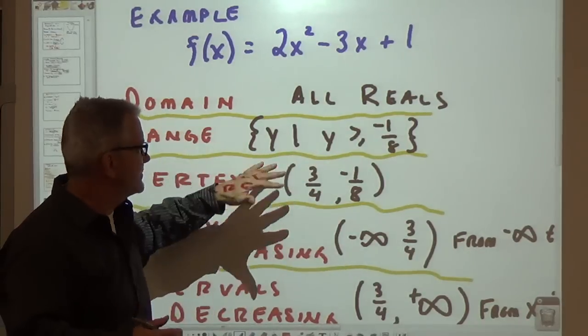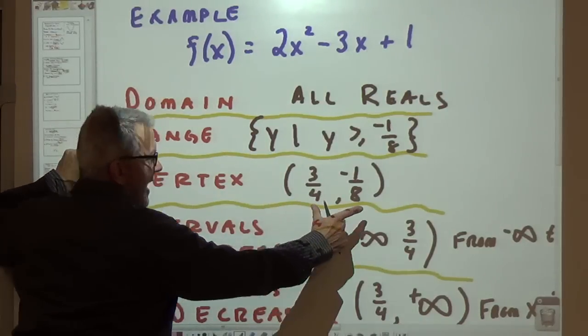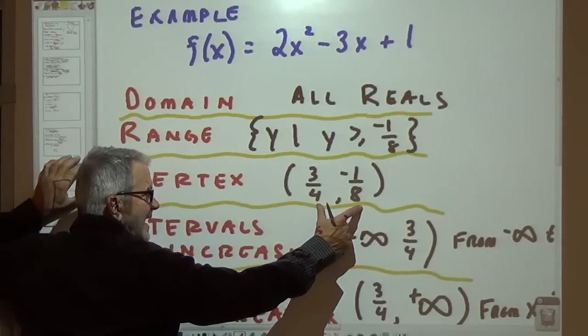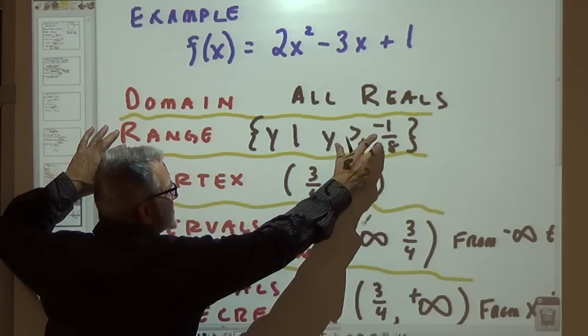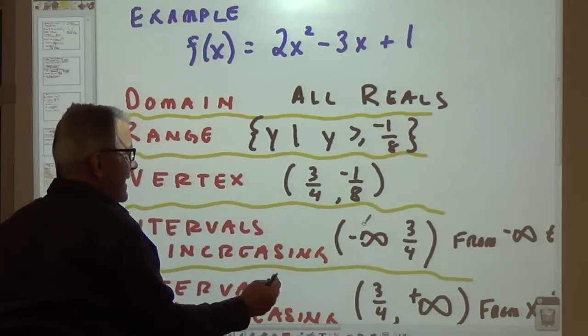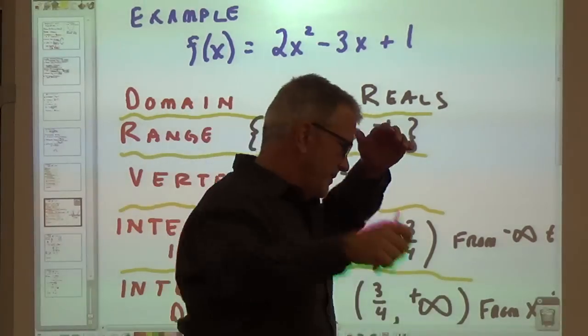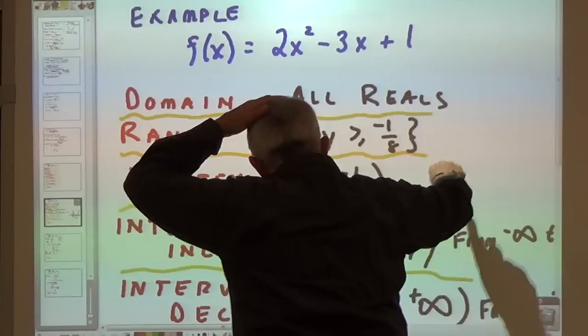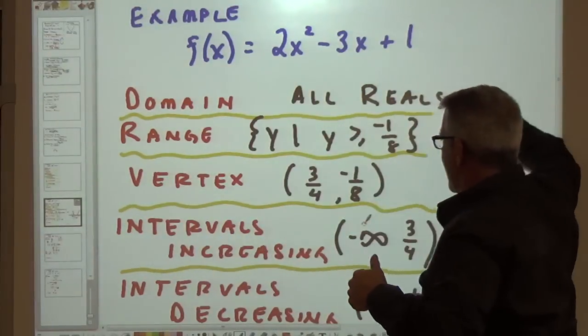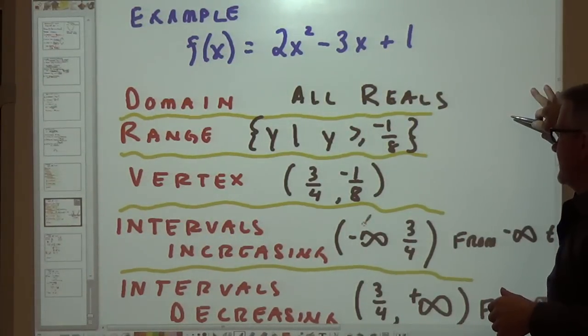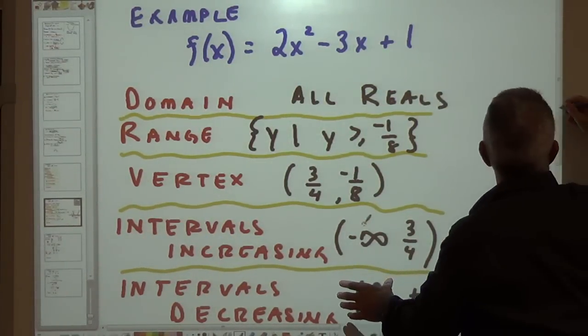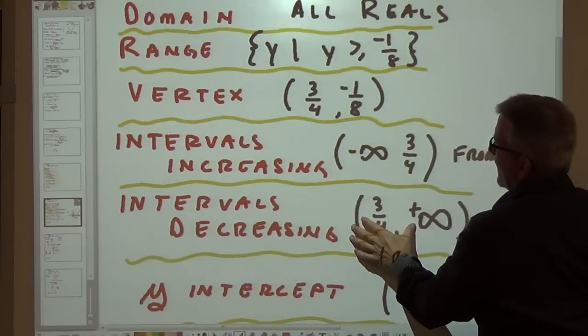It opens up, it has a minimum. So now I've got the range. I found this vertex, 3/4, comma, negative 1/8. The range is all the y's greater than or equal to that. And if it opens up, it decreases, then increases. Oh, and then this is an error right here.